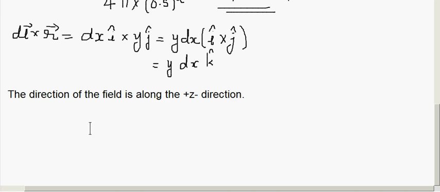Please make a note of this. I am just going to remind you about the cyclic property of cross product. We always know i cross j is k.